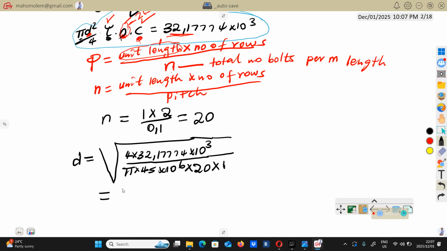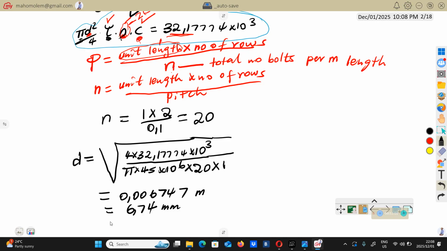Then your final answer will be 0.006747 meter. That is the diameter of the bolt. Changing to millimeters, 6.74. But when you go to the shop, you'll find that you don't have this size.